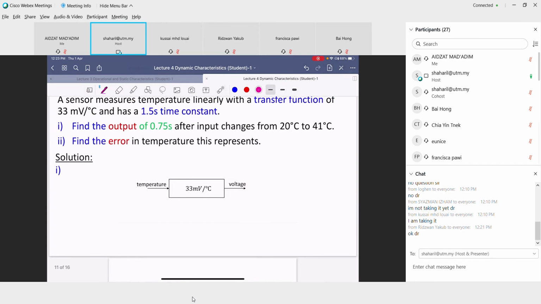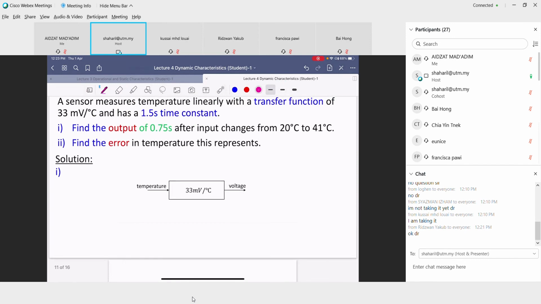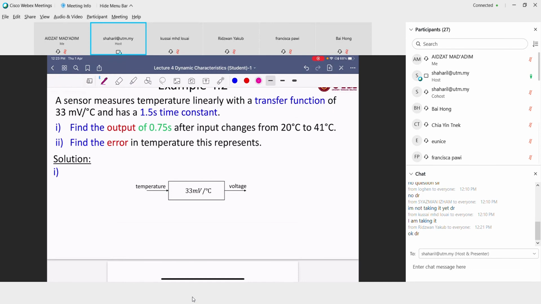So this is the information you have. You have the linear equation here, so we can plot the temperature. It starts from 20 and ends at 41 degrees. This is the temperature over time, because it's the dynamic response.